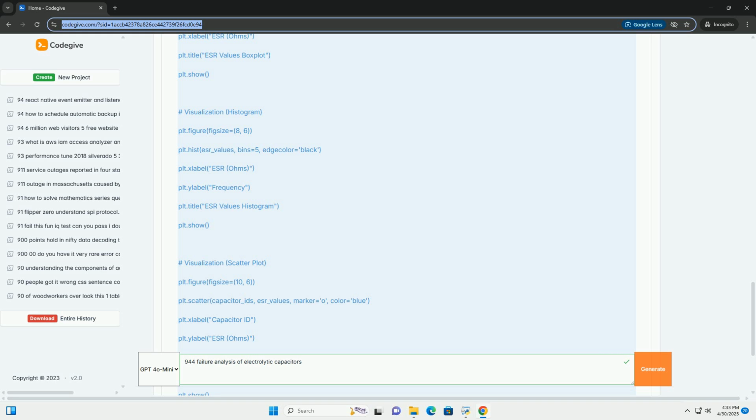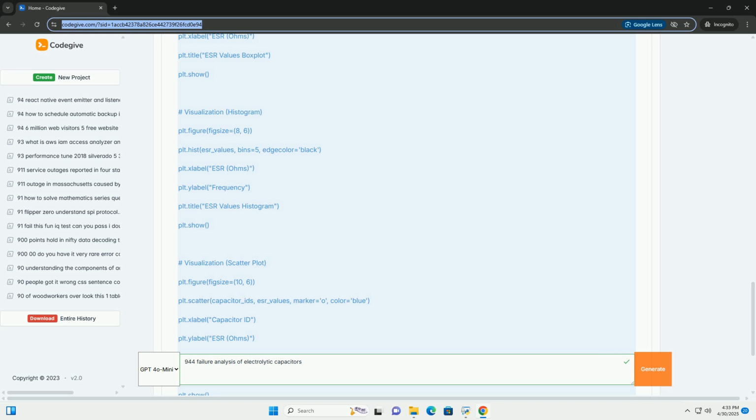3. Statistics. It calculates the mean, standard deviation, and median of the ESR values. 4. Outlier detection, standard deviation method. It identifies outliers as ESR values that are more than 3 standard deviations away from the mean. Adjust the threshold as needed; a lower threshold will identify more outliers. 5. Outlier detection, IQR method.